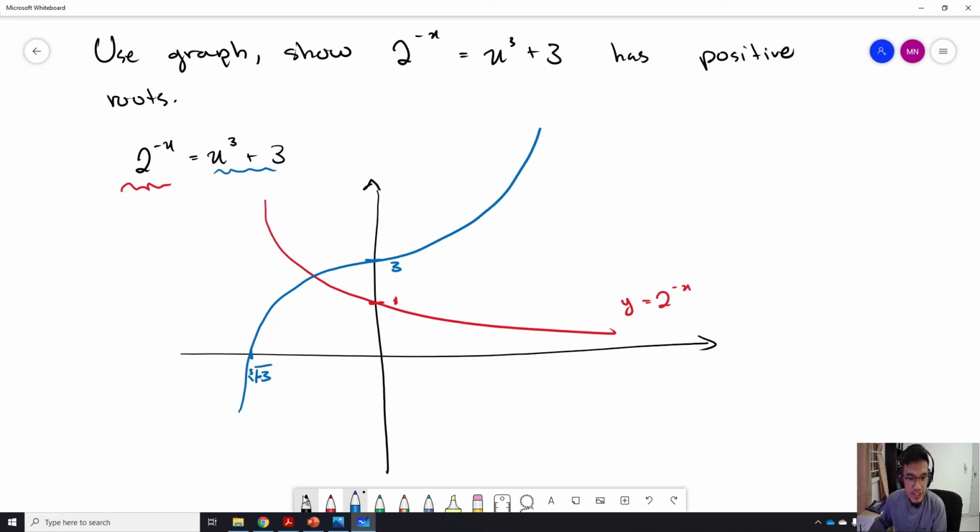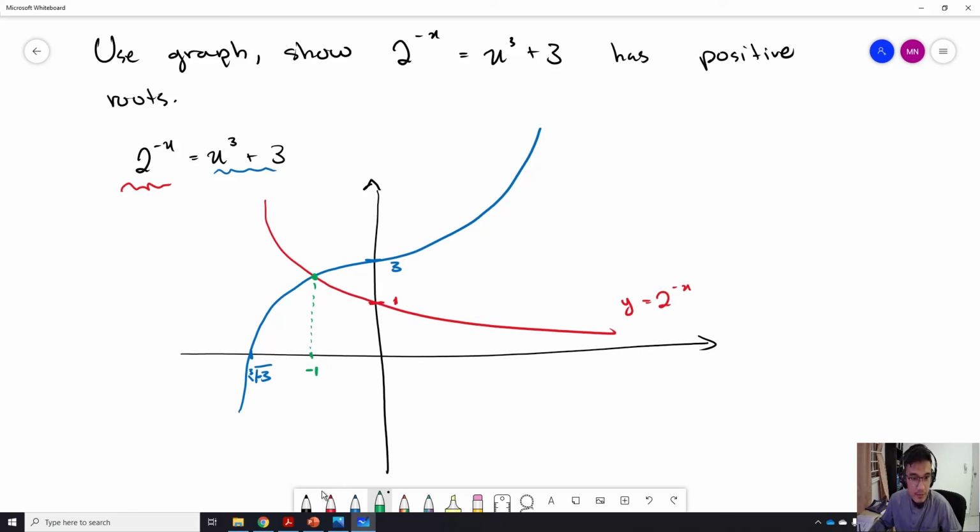So the intersection between the two graphs is right here. According to the exact scale of the graph, this point lies on top of x equal to negative 1. So from here we know that 2 power of negative x equal to x power of 3 plus 3 has a root at x equal to negative 1.